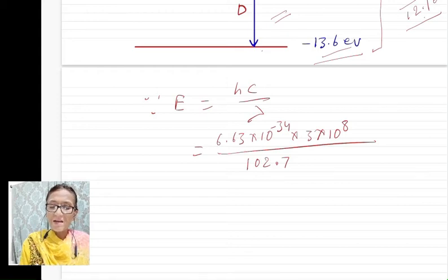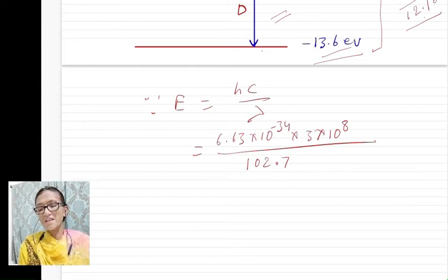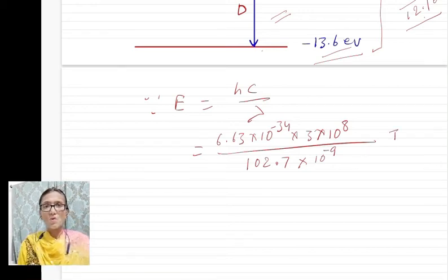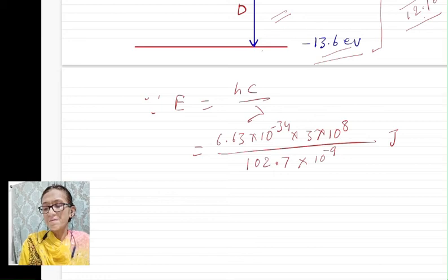The values of h and c are all in SI system, so let us convert nanometer into 10 to the power minus 9 meter. Now everything is in SI system, so we can write the unit of energy as joule.